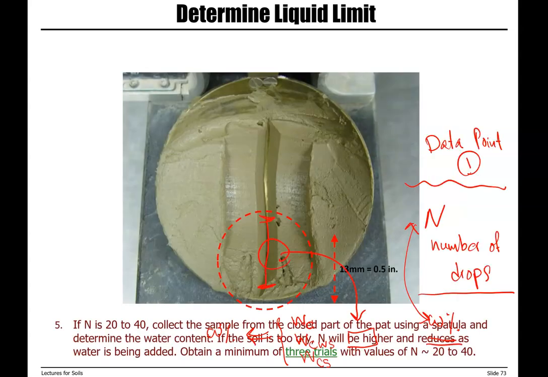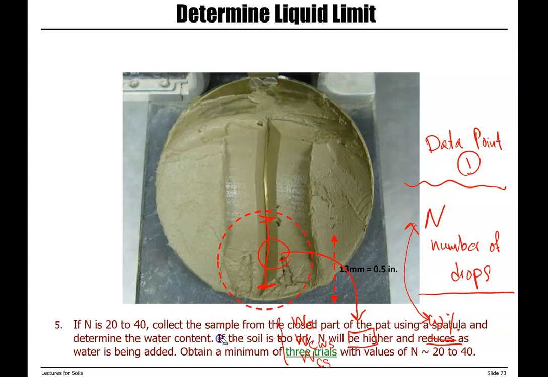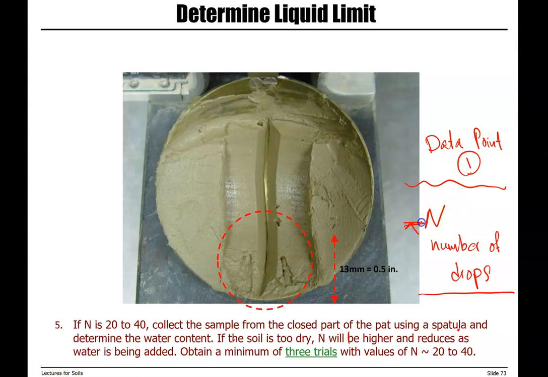That's our first data point, but we need at least 3 data points for this test to be able to find the liquid limit. If the n that you have here is between 20 to 40, collect the sample from this area to do the moisture content calculation. And then, as I said, you need at least 3 data points.